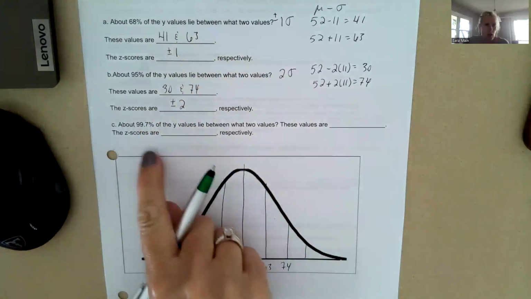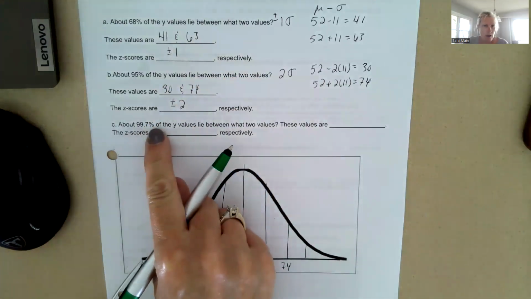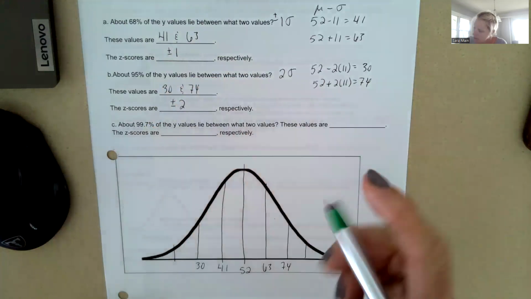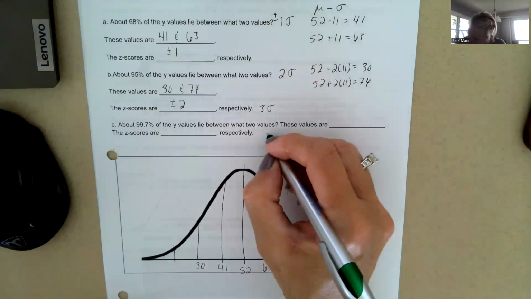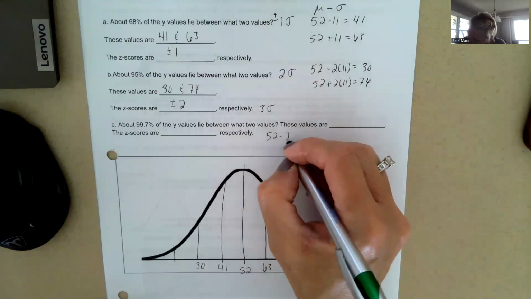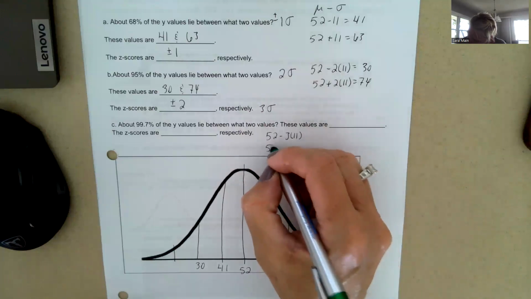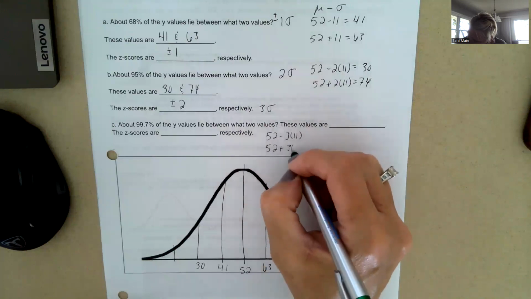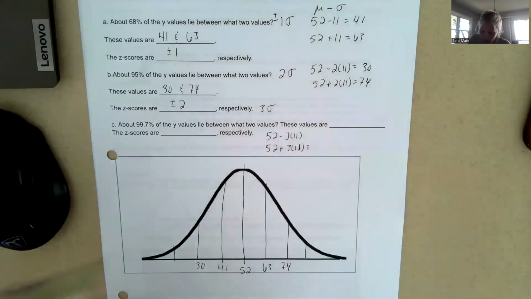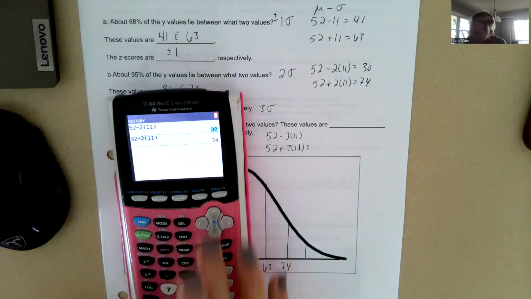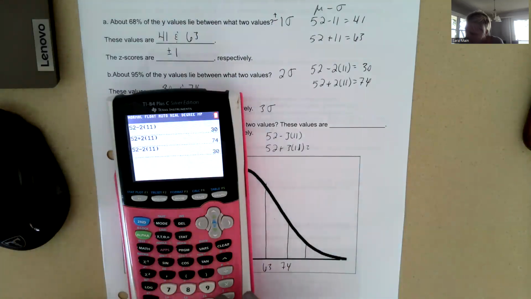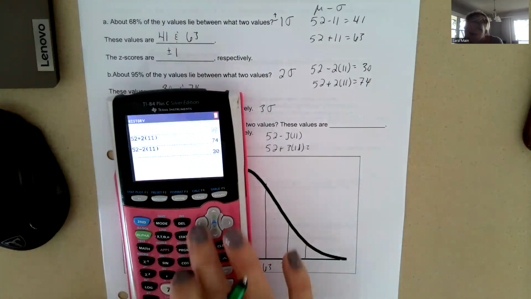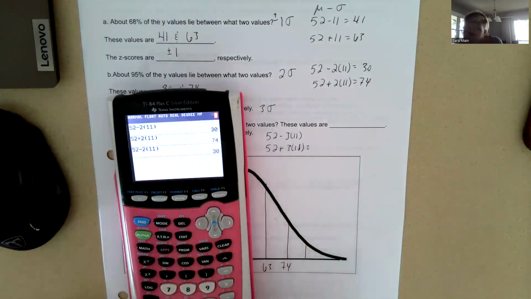And then about 99.7% of the Y values lie between what two values? So this is going to be 3 standard deviations. So this is going to be 52 minus 3 of the 11s and 52 plus 3 of the 11s. And then we have a 3.